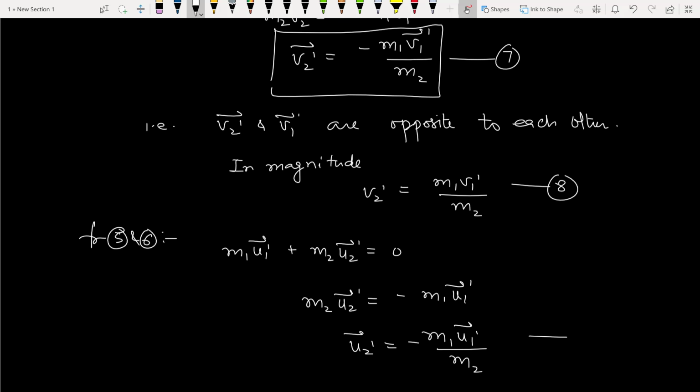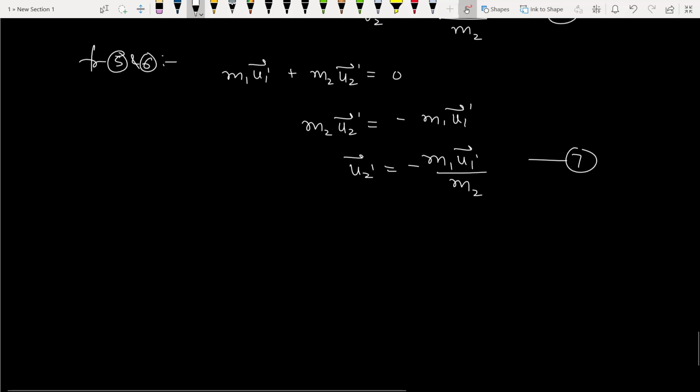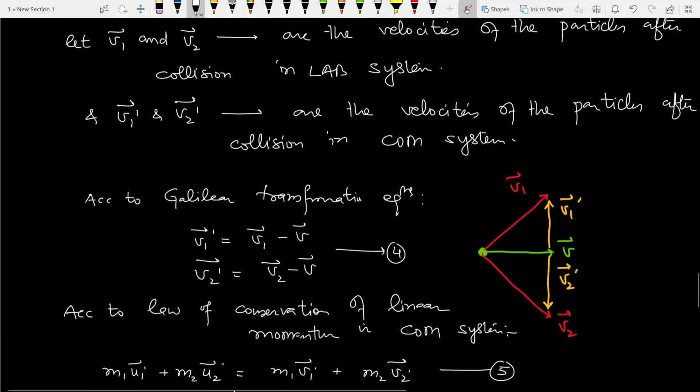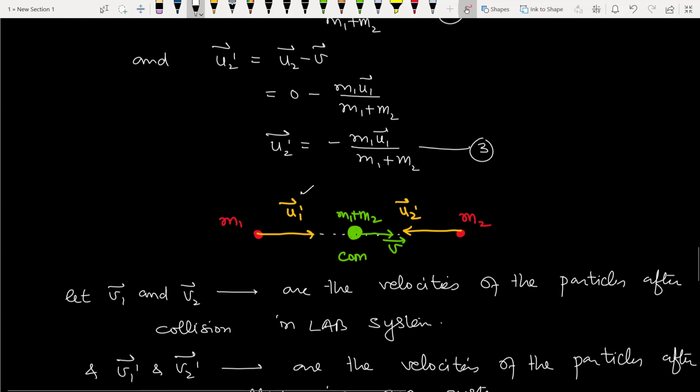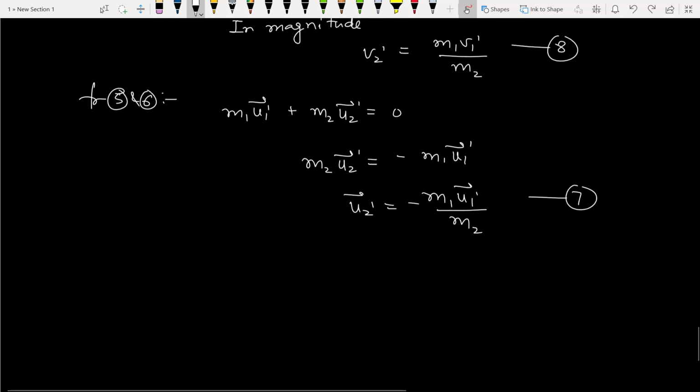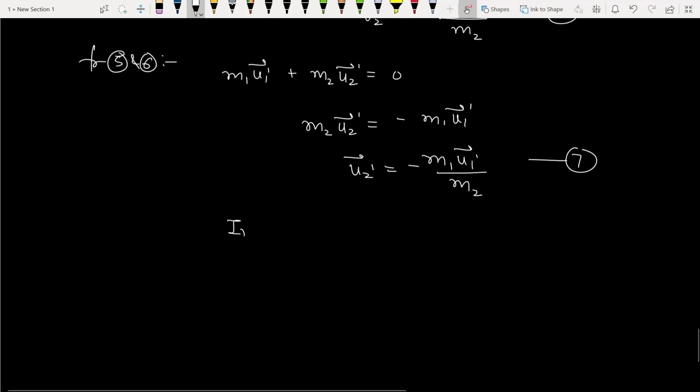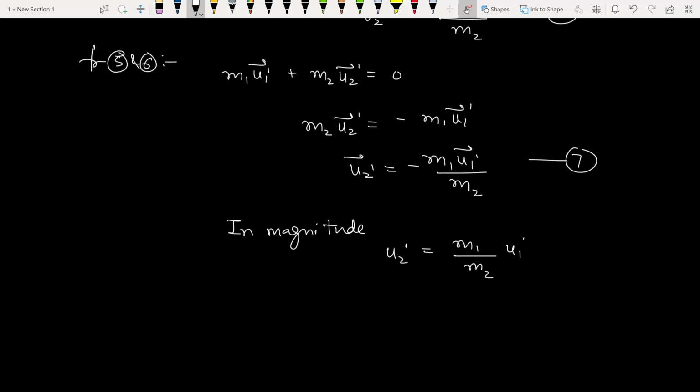So we mark this as equation number 7. Again, u2 dash and u1 dash are in the opposite direction, which we have already depicted in this diagram. So in magnitude, u2 dash will be m1 by m2 times u1 dash. This is equation number 8.